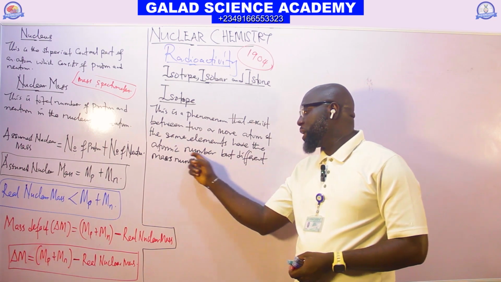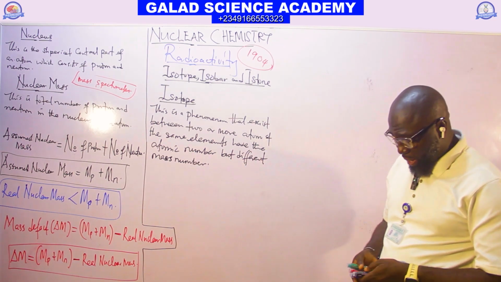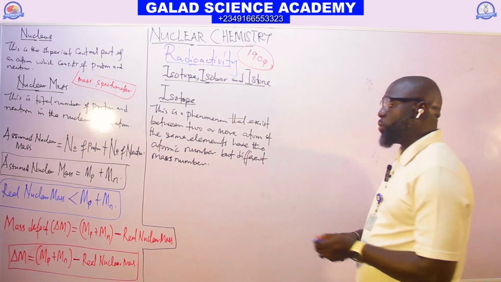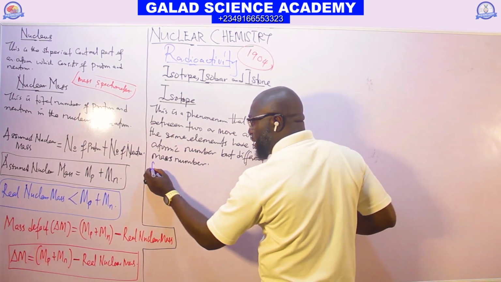They have the same atomic number but different mass number. What are the examples of isotopic elements?